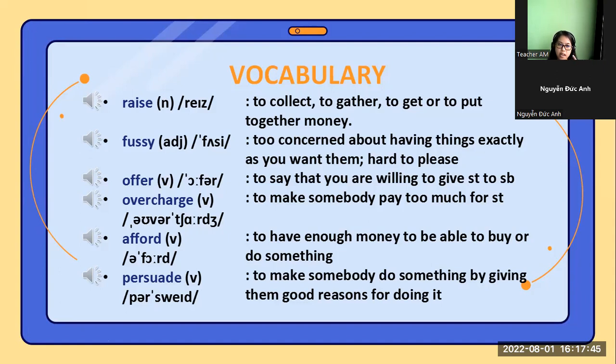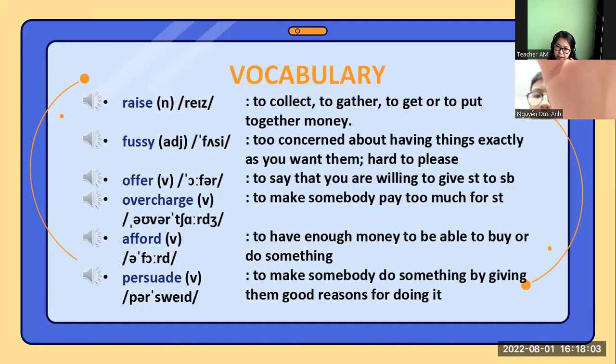Okay, so now I want you to repeat all the words from our vocabulary. Offer, overcharge, afford, persuade. Very good. So do you have any question? I don't have any question for that.